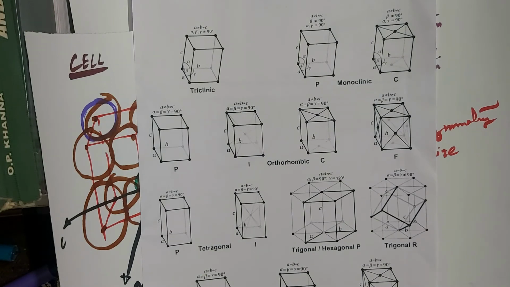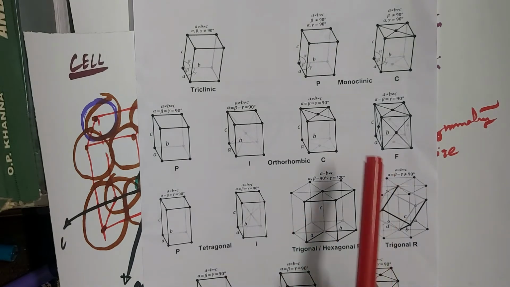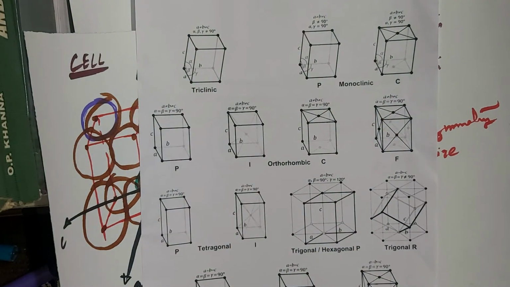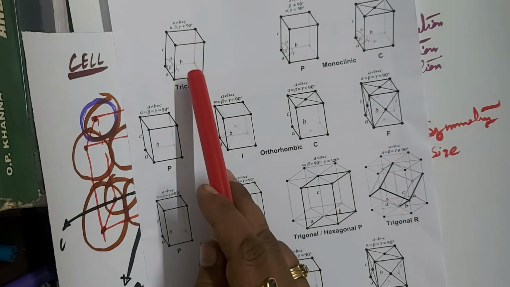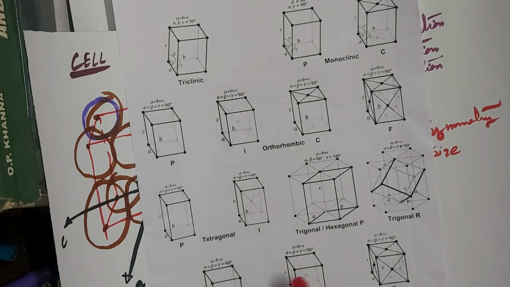These are the seven classes: cubic, tetragonal, orthorhombic, hexagonal, rhombohedral, or trigonal also you can say, then triclinic and monoclinic. And the total number of space lattices is 14 as per Bravais: 1, 2, 3, 4, 5, 6, 7, 8, 9, 10, 11, 12, 13, 14.